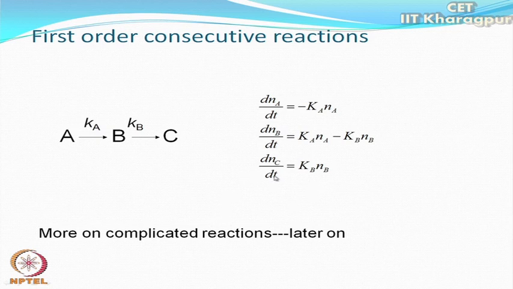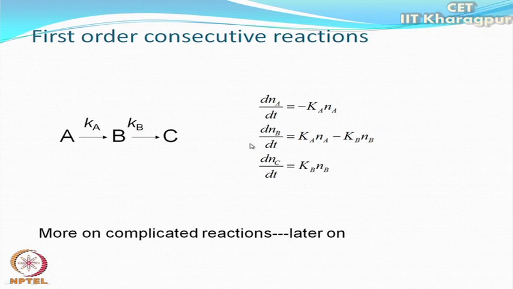Okay. So, complications may come into action if we keep on adding more steps. This was the simplest situation we started with, then we have added another component, that B will be converted to C. So, you see that your description becomes more complicated.